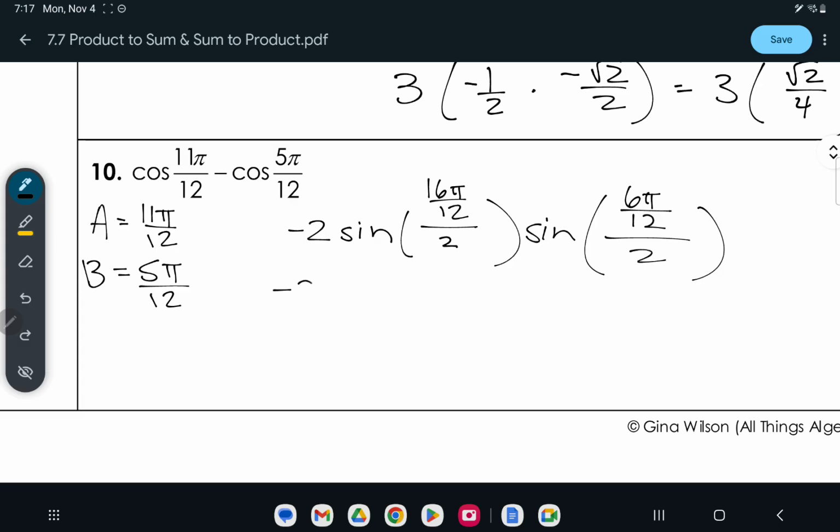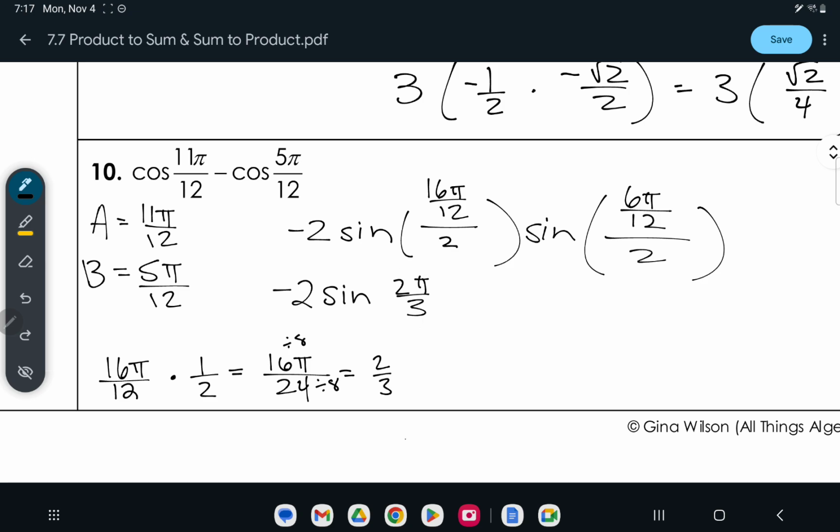So let's see what we get. Do some side work. 16 pi over 12 divided by 2 is the same thing as multiplying by 1/2. You guys like to just multiply across and then reduce. 16 over 24, if I divide both by 8, I get 2/3. So that's 2 pi over 3. And then we'll do the same thing here. So 6 pi over 12 divided by 2 is the same thing as multiplying by 1/2.